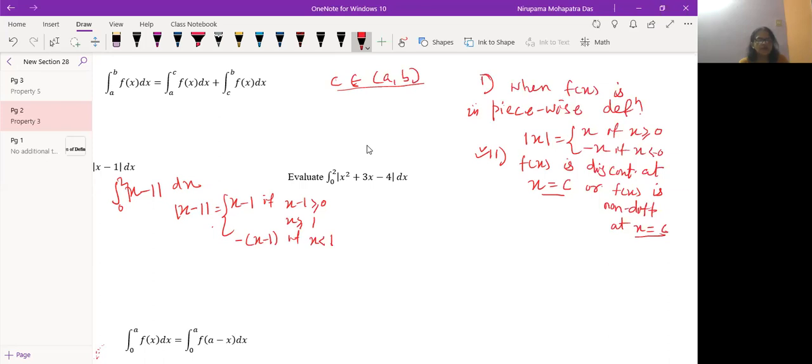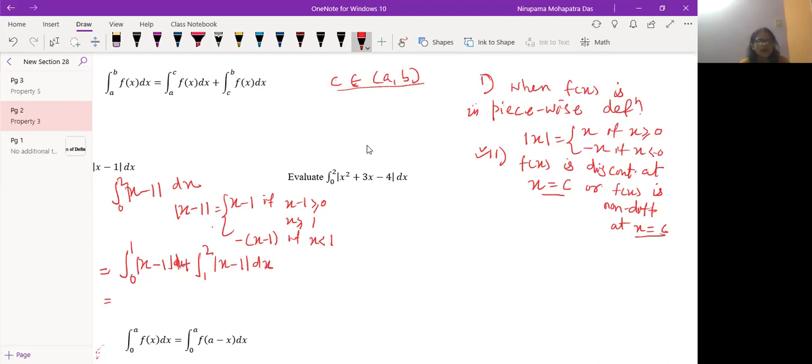So what we can do here is split the interval 0 to 2 into two subintervals. One is 0 to 1, where x is less than 1, plus 1 to 2, of mod x minus 1 dx. We have split the interval 0 to 2 into two subintervals like this.